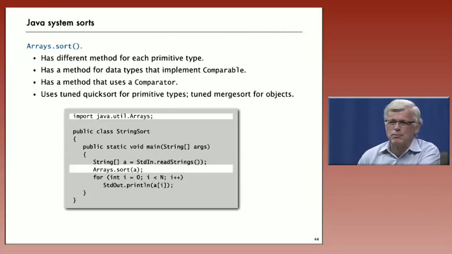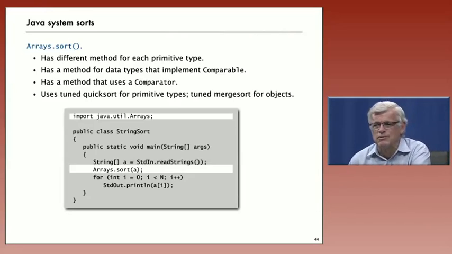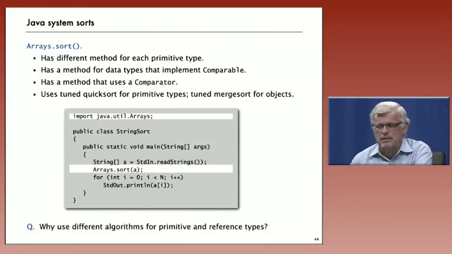And if the program is using primitive types, maybe performance is the most important thing, and so they'll use the quicksort. To invoke Arrays.sort, you have to import the namespace from java.util.Arrays, and then all you need to do is invoke Arrays.sort. I just answered this question, why do we use different algorithms for the two types? And this is maybe arguable.